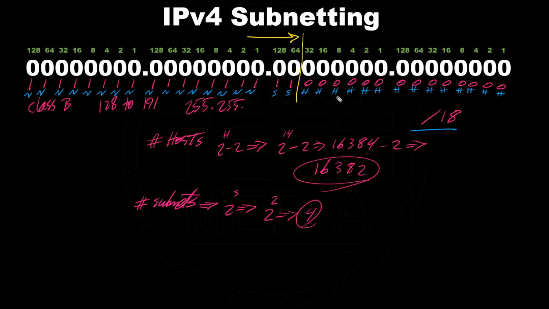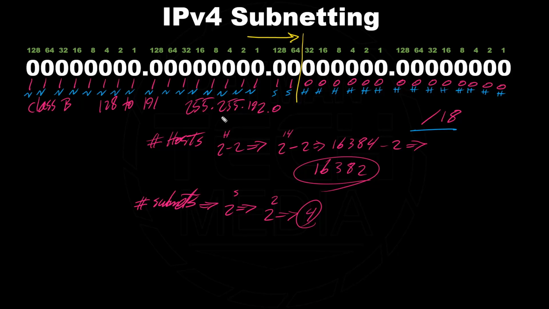So if we convert the binary to decimal, 128 plus 64, because only these 2 are turned on, right? We just need to add the decimal values of the binary bits that are on. 1 means on, 0 means off. So 128 plus 64 is 192. Dot, on the last octet, all the 8 bits are turned off, so it's 0.